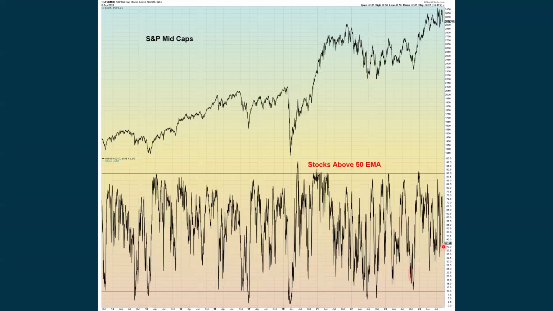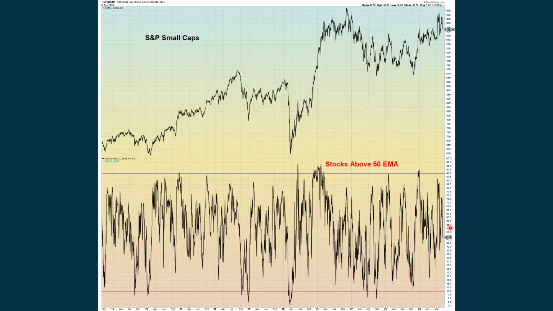And we look at the mid caps. They're also dropping down now and really not looking all that strong currently. In fact, they've already dropped under 50. So they're actually turning more negative, which explains why at the beginning of this video, we have the mid caps coming in last place right now. And the small caps are also seeing some weakness.